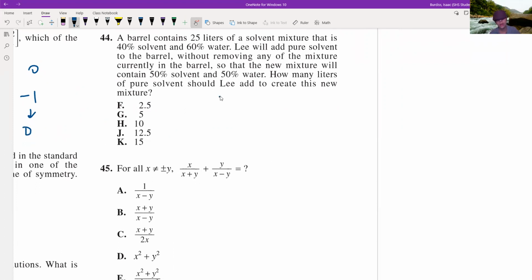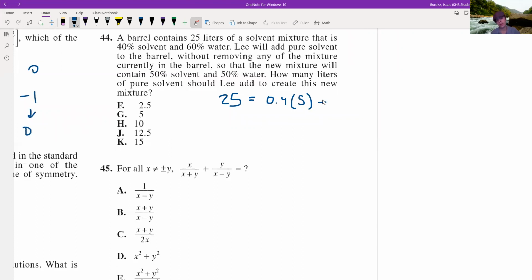So basically, you have your total liters, which is 25. It's saying 40% is solvent, so 0.4 is the decimal of that, and we'll just put S for solvent. Try to make it seem like an S and not a 5.